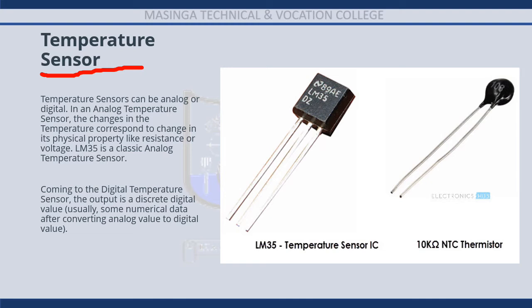That is for analog temperature sensors. In the analog temperature sensors, a change in the temperature corresponds to a physical change in a property of the sensor. One of those properties can be resistance or voltage. Digital temperature sensor is able to convert the temperature directly into a digital reading.